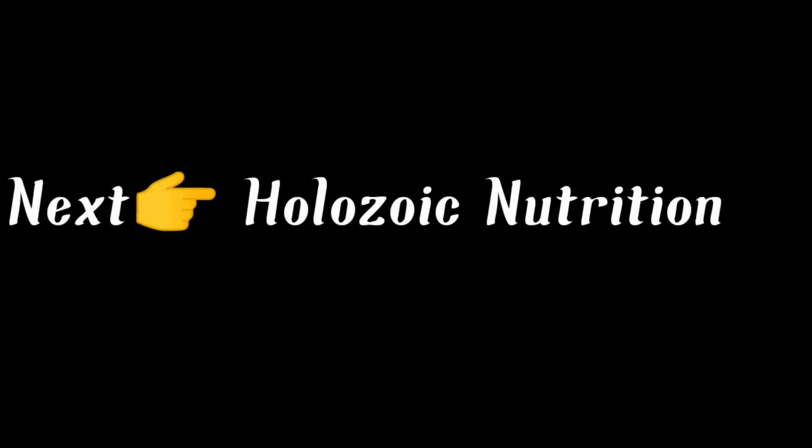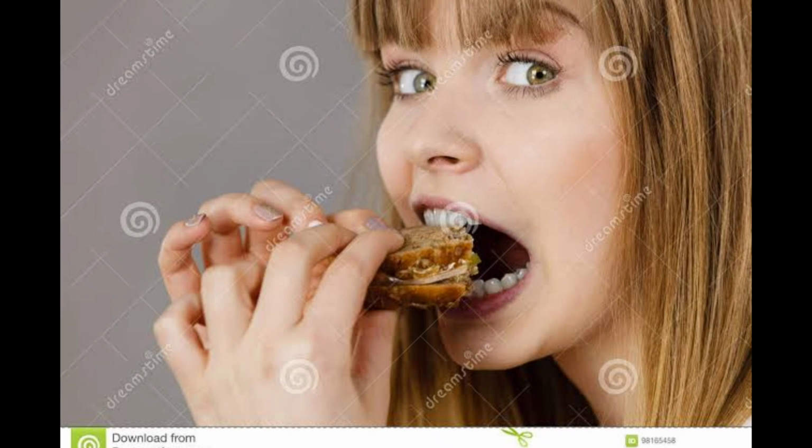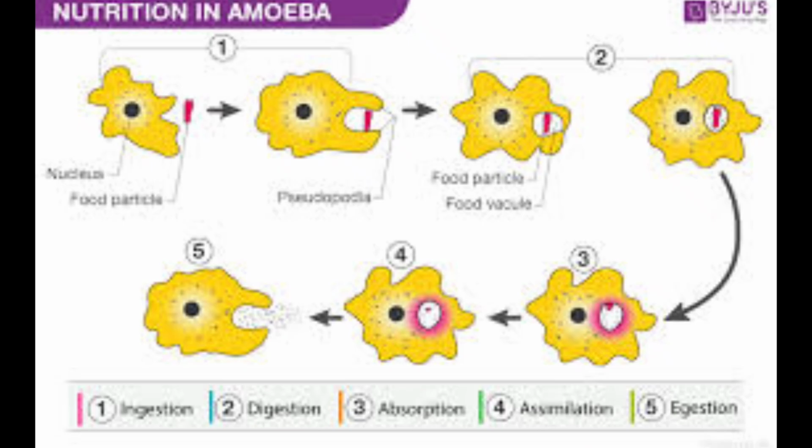Next one is holozoic nutrition. Holozoic nutrition means feeding on solid food. Most of the animals, including human beings, take the solid food into their body by the process of ingestion. We can say that the holozoic nutrition is that nutrition in which an organism takes the complex organic food materials into its body by the process of ingestion.